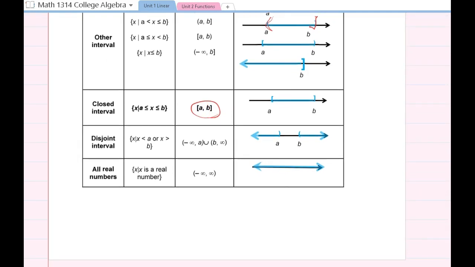And then if we have two parts that we want to talk about, we call it a disjointed interval, and they are united with the union symbol. So we're talking about two parts where the value can be between negative infinity and a, but not including a because it's open. And then it can also include any number greater than b all the way to infinity. And if we want to represent all real numbers, we state it as negative infinity to positive infinity, and notice that everything on our graph has been shaded and has arrows at the end to indicate that it goes on forever.